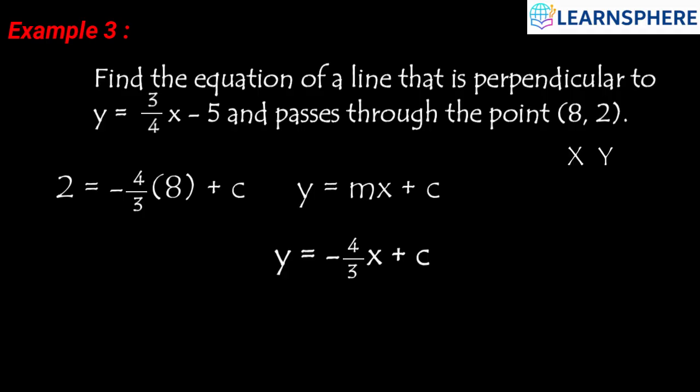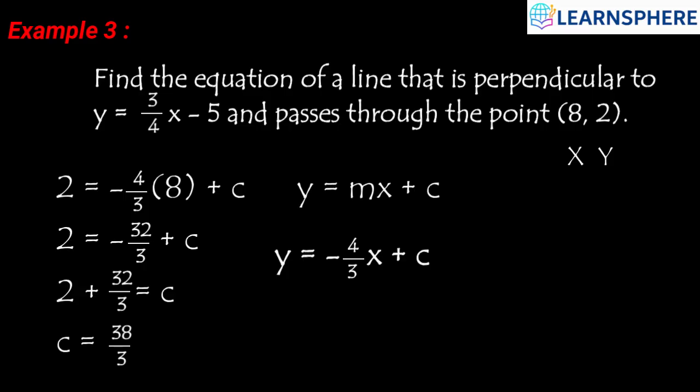We can simplify this to be 2 = -32/3 + c, where you can bring -32/3 over to the left-hand side, which gives us 2 + 32/3 = c, where c is equal to 38/3. As now we found the values of m and c, we can substitute into the equation, and therefore the equation of this line would be y = -4/3 x + 38/3 as our answer.